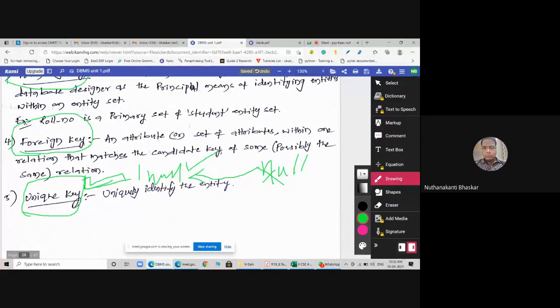And when we design a database, one entity has a relationship to another entity. For example, consider faculty and students. Faculty is an entity as well as an entity set, and students is also an entity set. Do both have any relationship or not?